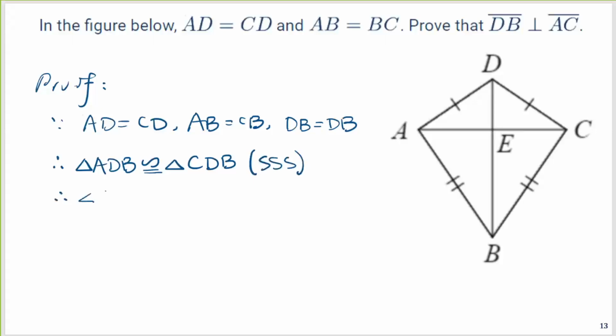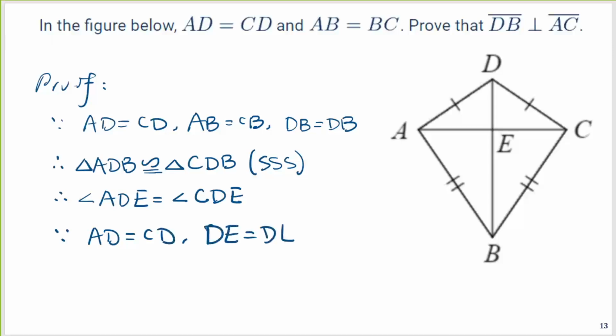Therefore, the corresponding angles are equal. Angle ADE equals angle CDE. Then we can prove this triangle here is congruent with this one, right? Because they share the same side here. So you could write because AD equals CD and DE equals DE.